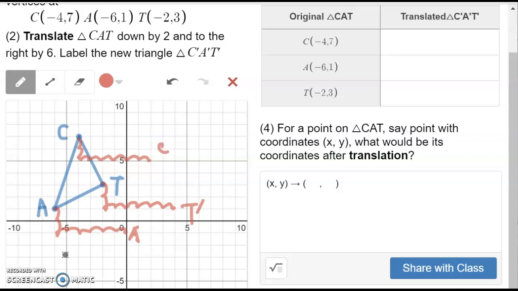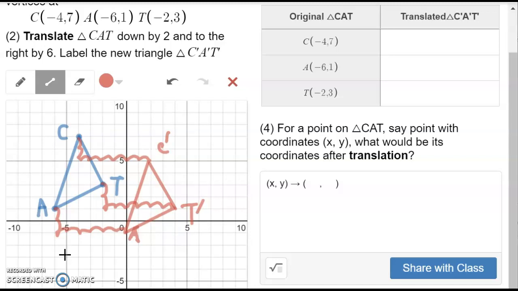That's my C prime. Now I can use my line feature and draw that. That's my A prime, and then from here to my T prime, and then from here to my C prime again. Okay, so those are my coordinates.